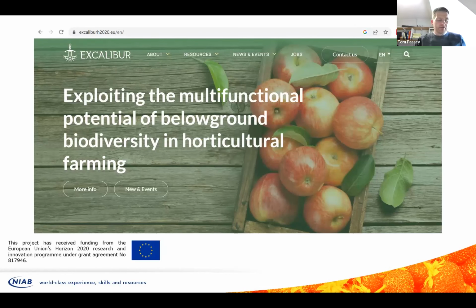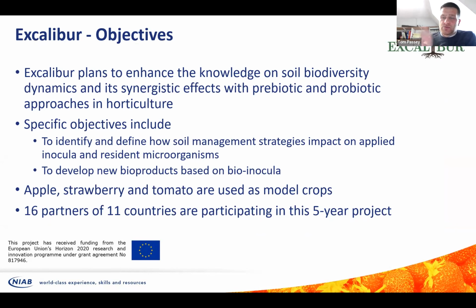So that moves me on to our current research, which is based around an EU Horizon 2020 project called Excalibur. This is the website, and there's plenty of information on it about the whole project, which is quite an overreaching project. There are a lot of different trials going on across Europe. The idea is to enhance the knowledge of what's happening in the soil, the dynamics and the synergistic effects of probiotic microbes that are either already in the soil or we can add to the soil, and how that can affect our horticulture.